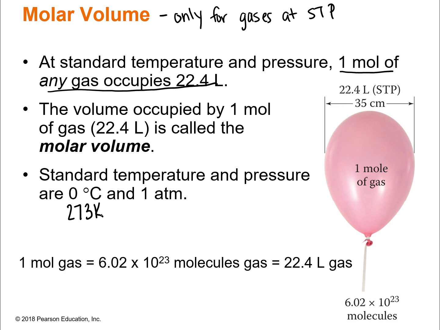So 1 mole of gas has 6.02 times 10 to the 23rd molecules of that gas, and we know that from Avogadro's number. And we know that the volume of that gas at STP is going to be 22.4 liters. So that's molar volume. We good on that concept?